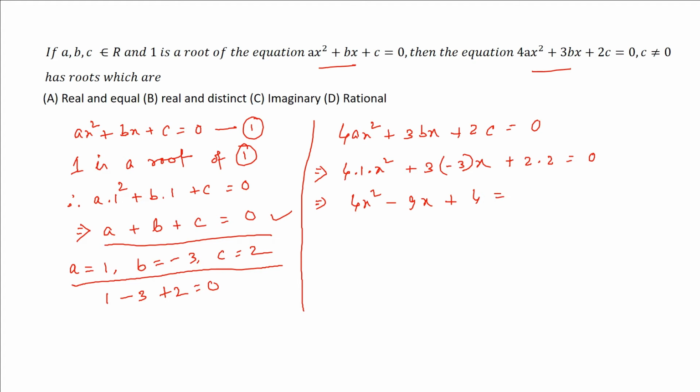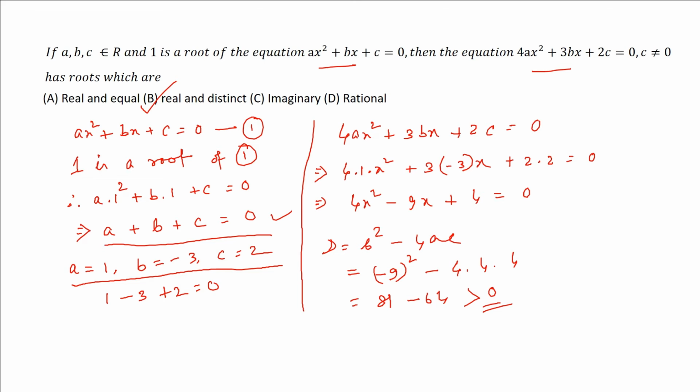Now, we evaluate discriminant d equal to b square minus 4ac, that is minus 9 whole square minus 4 into 4 into 4, that is 81 minus 64, which is greater than 0. So, the roots are real and distinct. We know if discriminant is greater than 0, the roots are real and distinct. So, B is the correct answer.